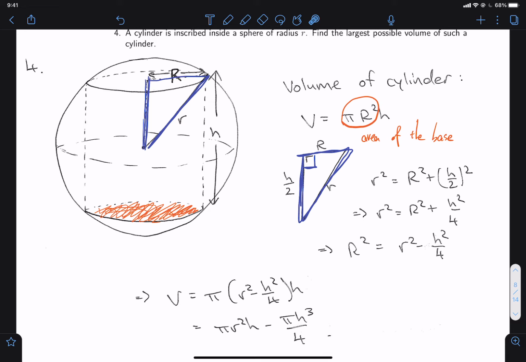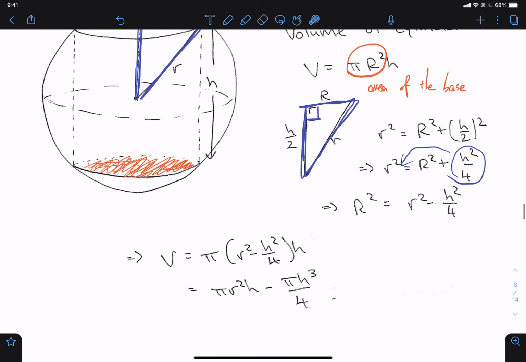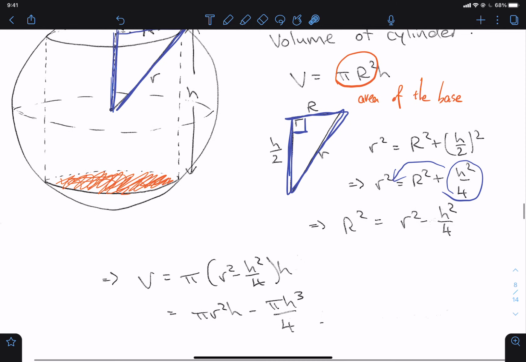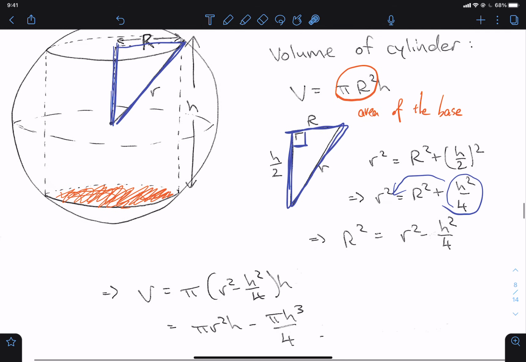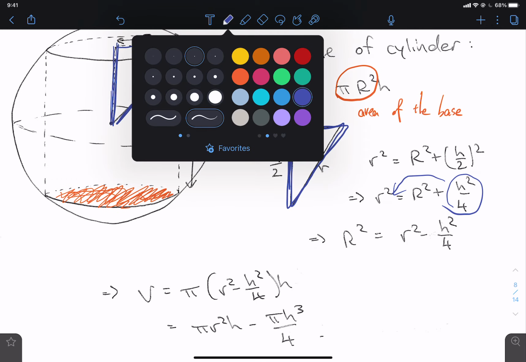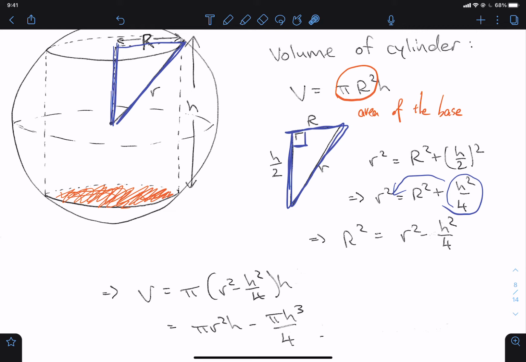And now we're going to solve for R squared, so we're going to move this to the other side. So now this R squared can be written as lowercase r squared minus h squared over 4. And now we're going to substitute this R squared back into our volume expression.